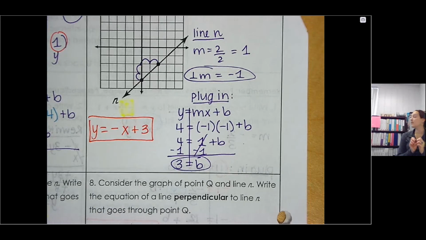So when you plug in, you need to plug in -1 for your slope. If you did a +1, that's a parallel line. If you made that mistake, circle those perpendicular problems, put a big star there and write be careful, change the slope. Otherwise, you're just going to keep on making that same mistake.